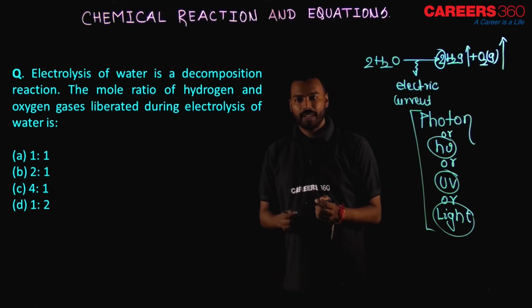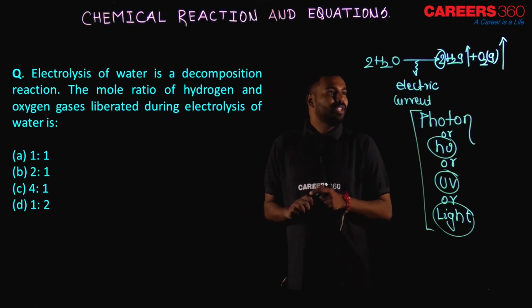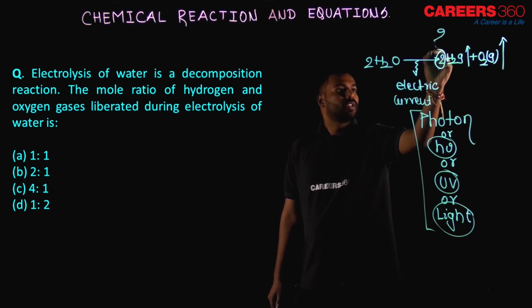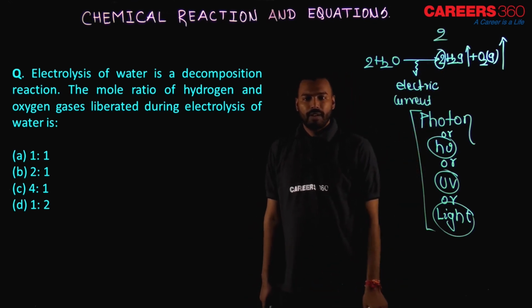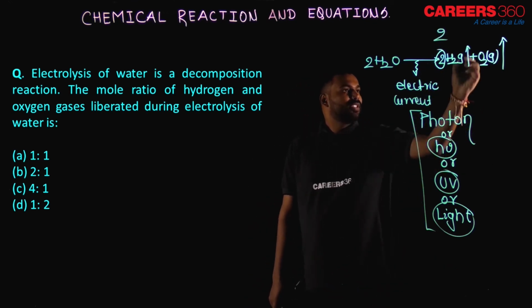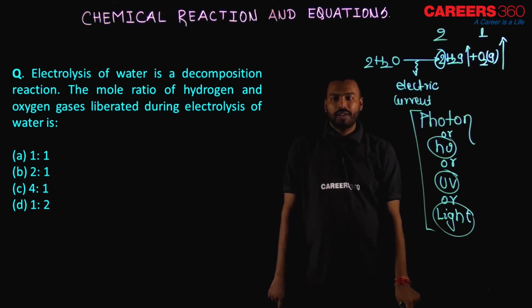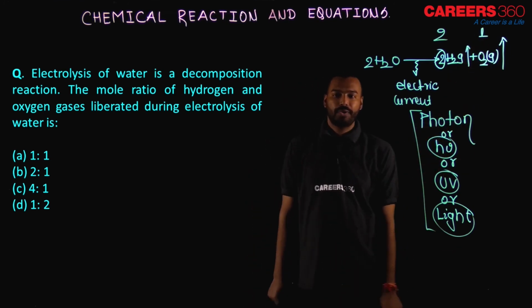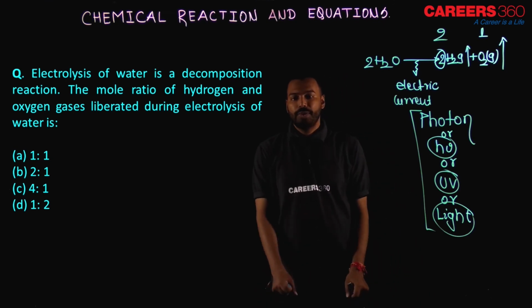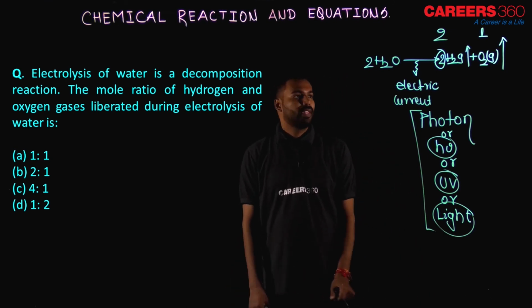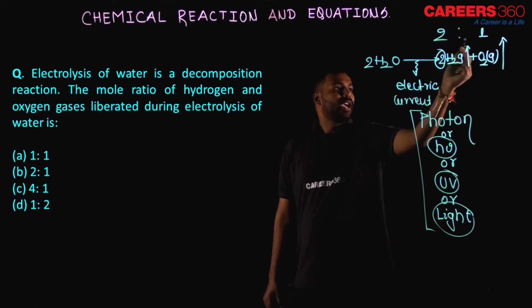How many moles of hydrogen? That is 2. And how many moles of oxygen? That is 1. So they are asking the mole ratio of hydrogen and oxygen gas liberated during electrolysis of water. So that is 2:1 for hydrogen to oxygen.